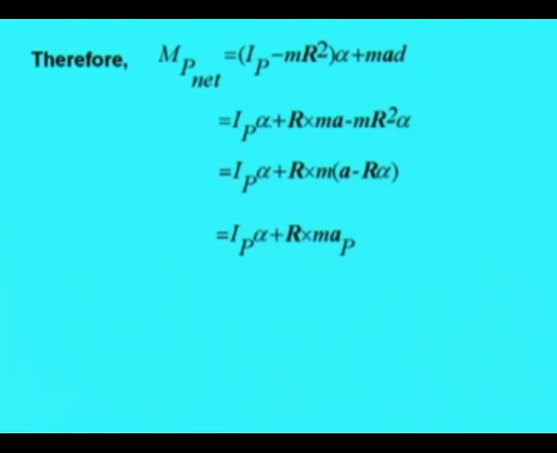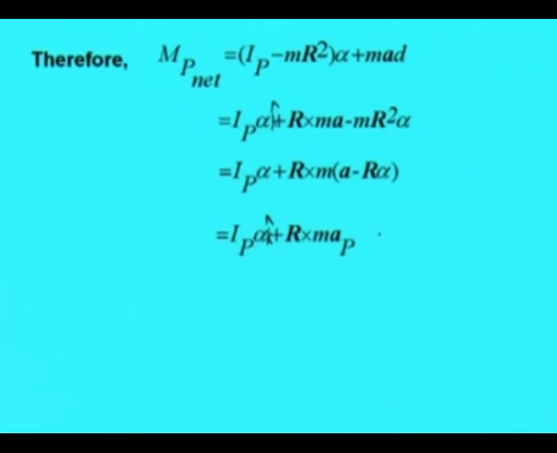If we write Ip alpha in vector form, that means just put k, then after simplification this will be Ip times alpha k plus r cross mass times acceleration.